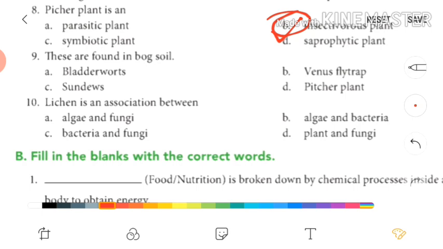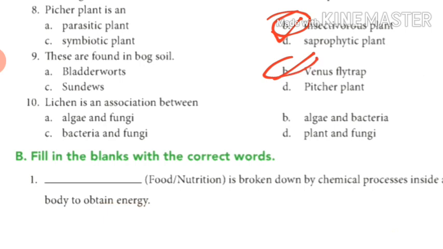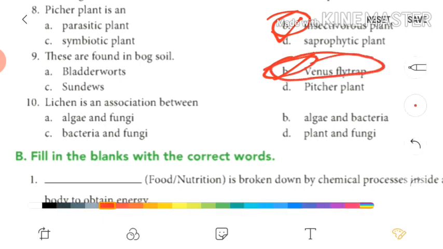So which plant? Venus flytrap. These are found in the bog soil, right? 10th one, lichen is an association between algae and fungi. So the answer is A.